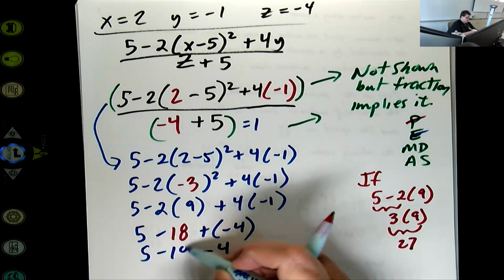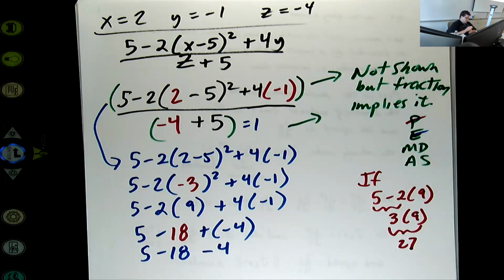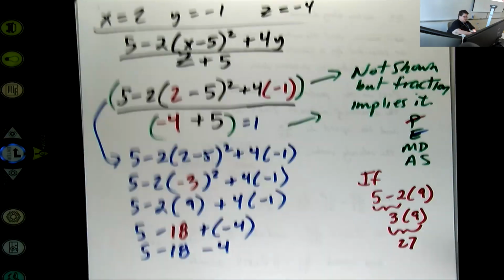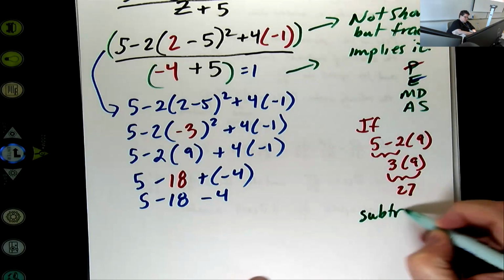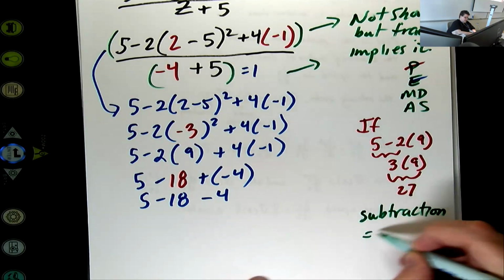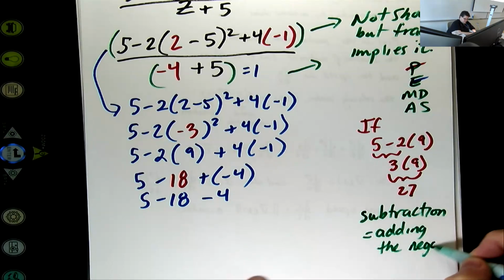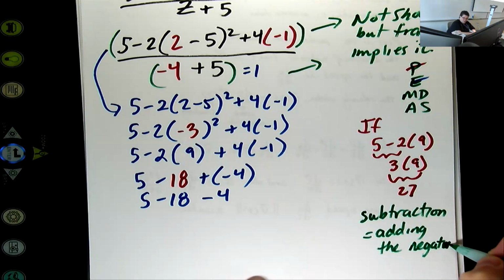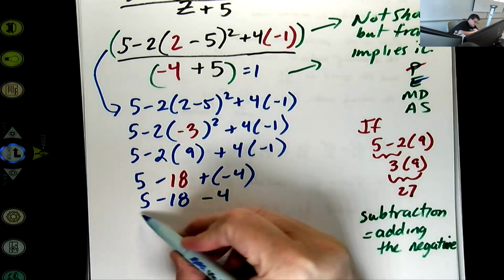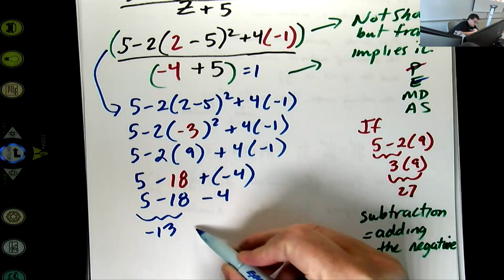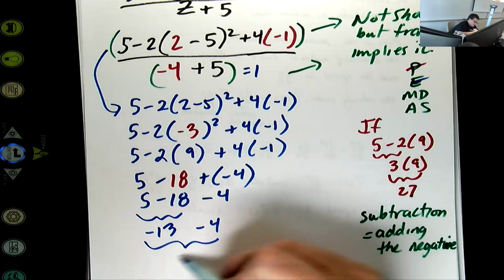Subtraction is the same as adding a negative. Now, if I go left to right, 5 minus 18 is -13, minus 4, and I get -17.